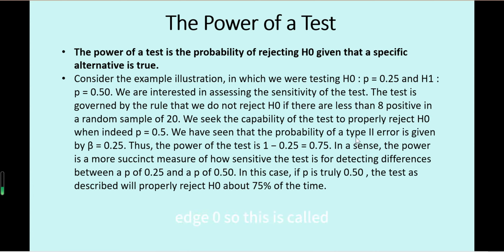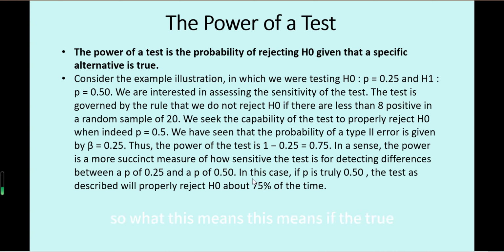Note that this 0.25 has nothing to do with the other 0.25. So the power of the test is 1 minus 0.25, which is 0.75.